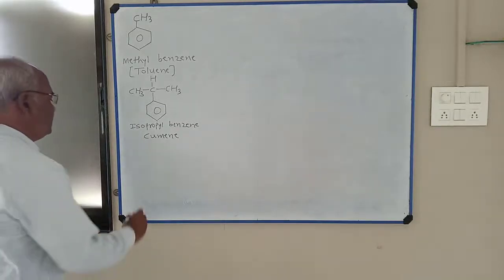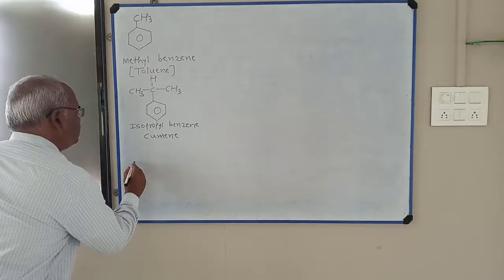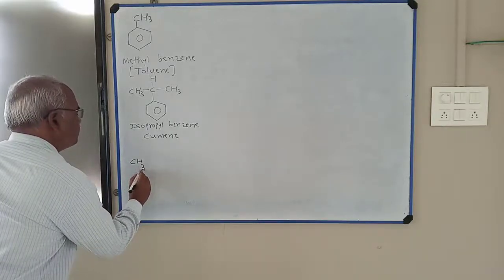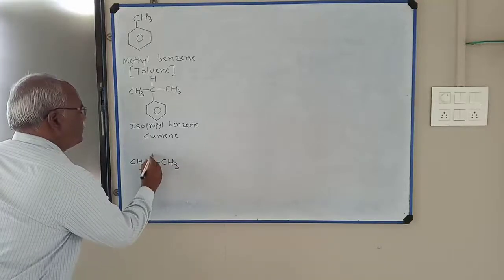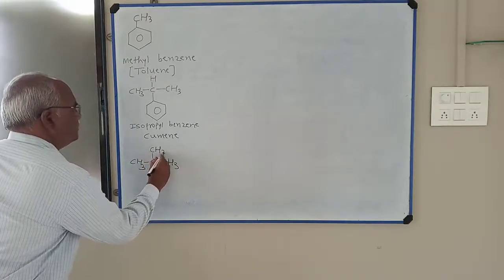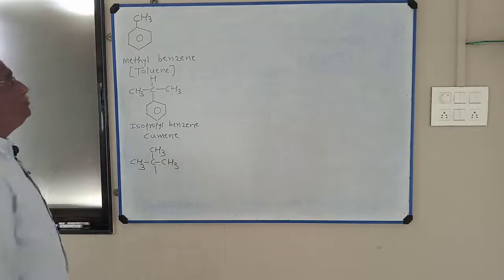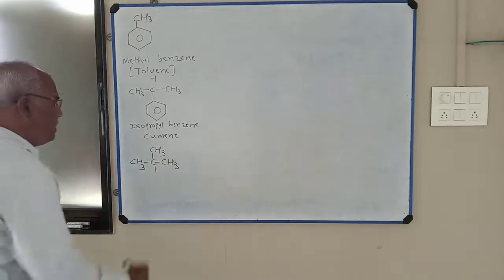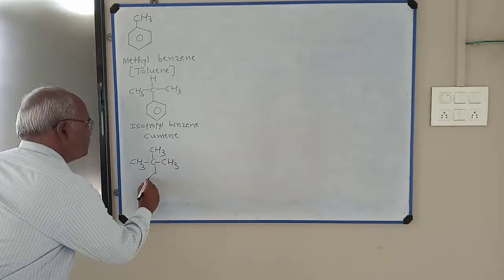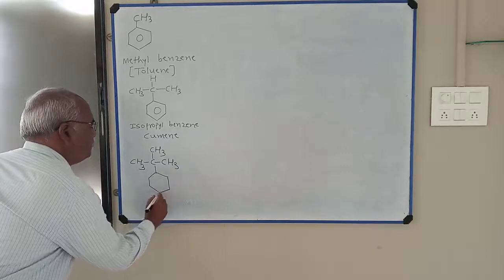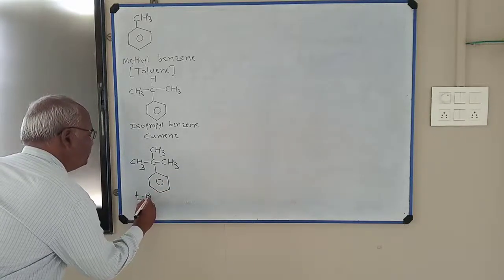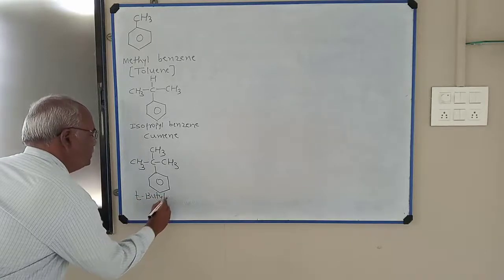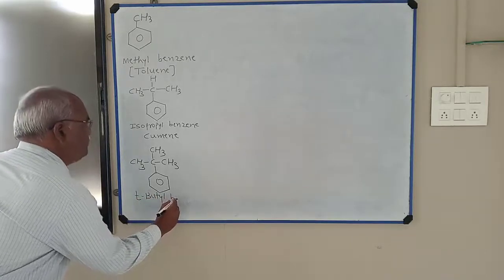Third example I am going to take CH3 single bond C CH3. This is a tertiary butyl group, and to this tertiary butyl group a benzene ring is attached. The name of the compound is tertiary butyl benzene.